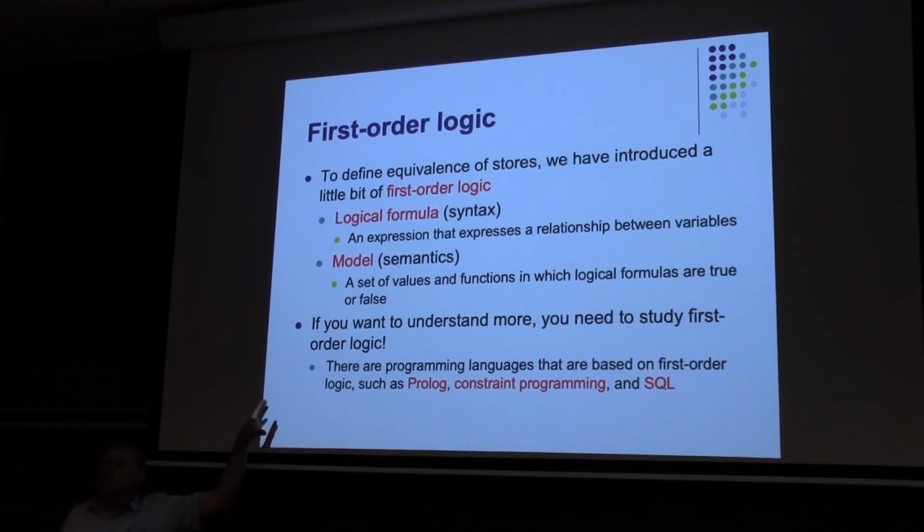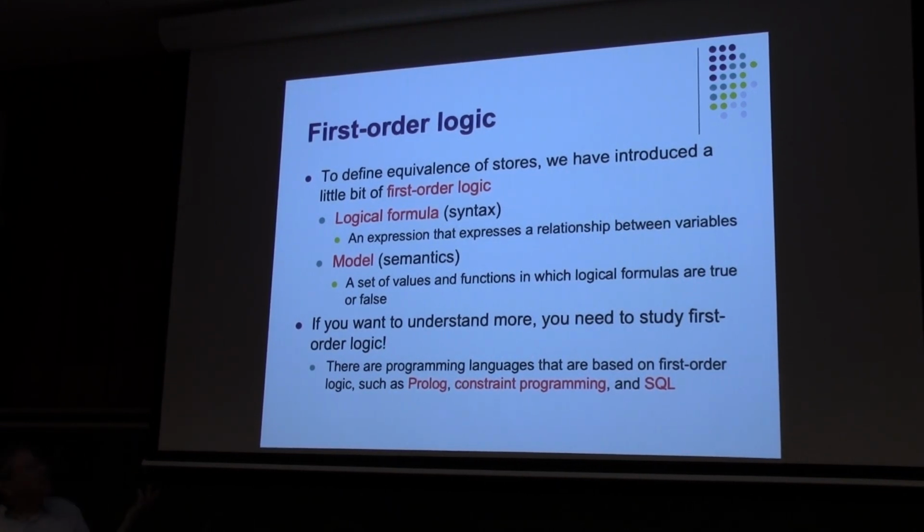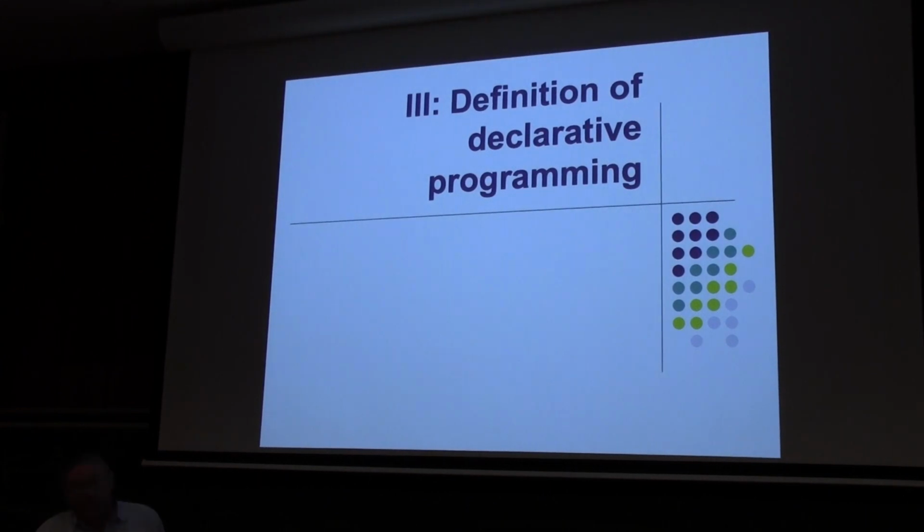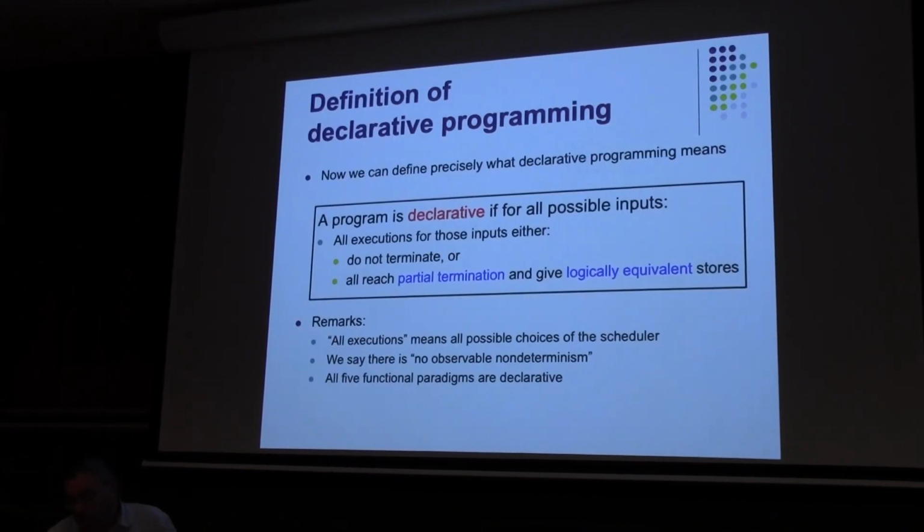This is giving you the beginning of first order logic. We need it here for defining equivalence between stores, but in fact, it's much more useful than that. So now we know enough to define declarative programming, and now the definition is actually very simple. It's in the record. We can say precisely what it means.